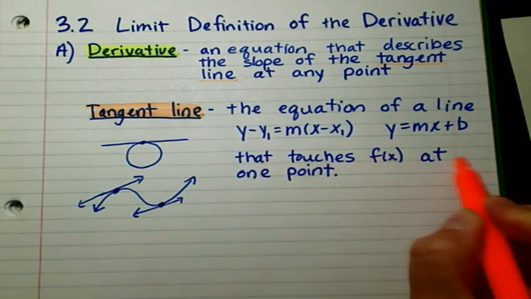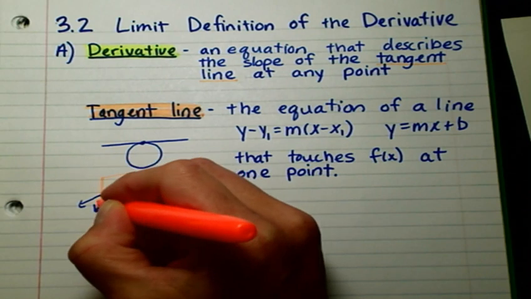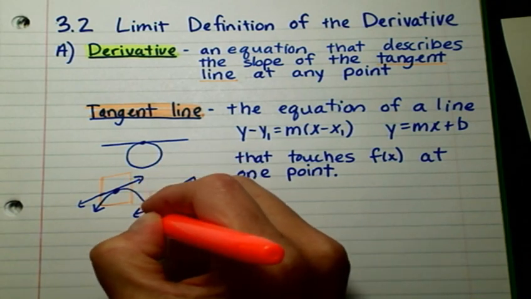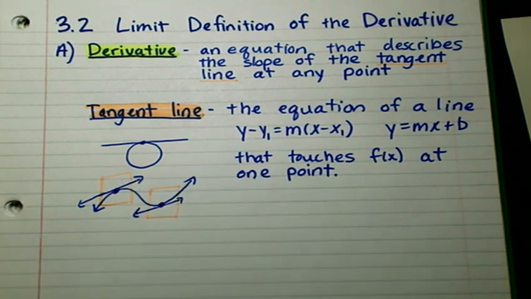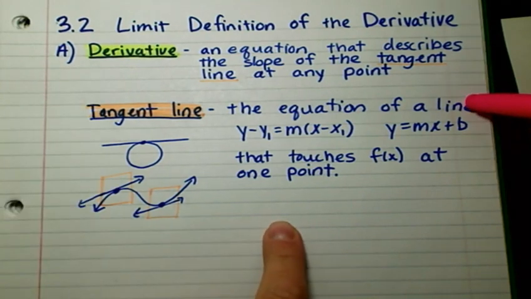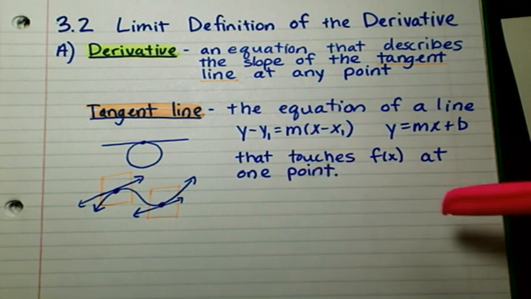So when I say touches one point, I really mean in this little area right there, right at the point in question, it's only touching once. Okay, don't look too far out. So right here, this is the point on the graph that is only touching at one spot. Okay, so tangent line is the equation of a line that touches the graph at one point.